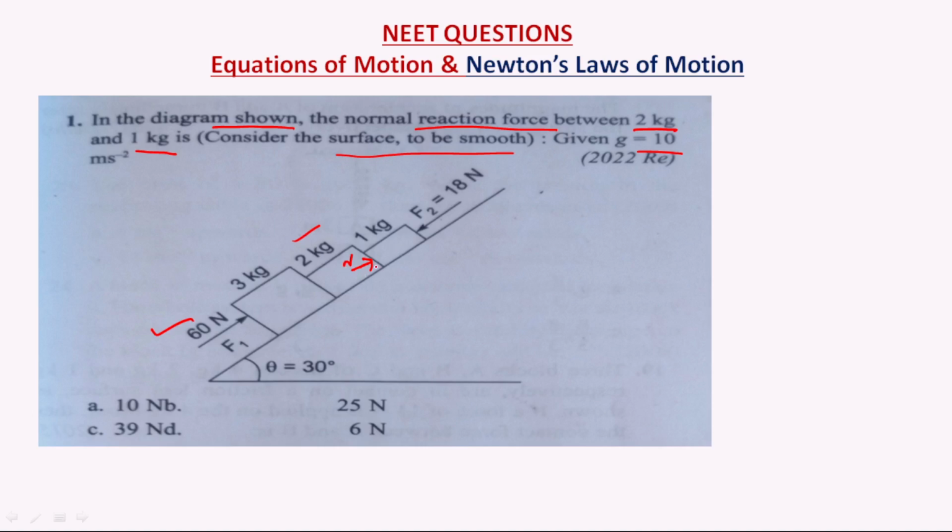A force F1 of 60 Newton is acting from the left end, and a force of 18 Newton is acting from the right-hand side. All these masses are on an inclined plane making an angle of 30 degrees with the horizontal. So let us first find the net acceleration of the system.